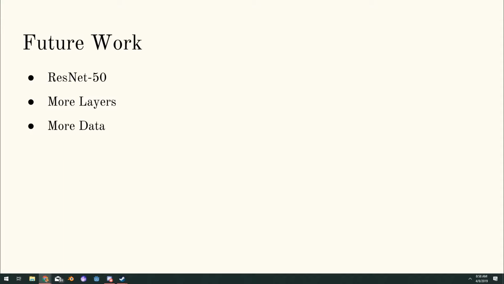And for future work, one of the networks that I read about as I was working on this was called ResNet 50. It just seemed to be state-of-the-art, and some people had used it for this problem specifically. I didn't want to just directly copy ResNet 50 and just have that be my whole project, but it did seem interesting, and I definitely want to play around with it at some point.